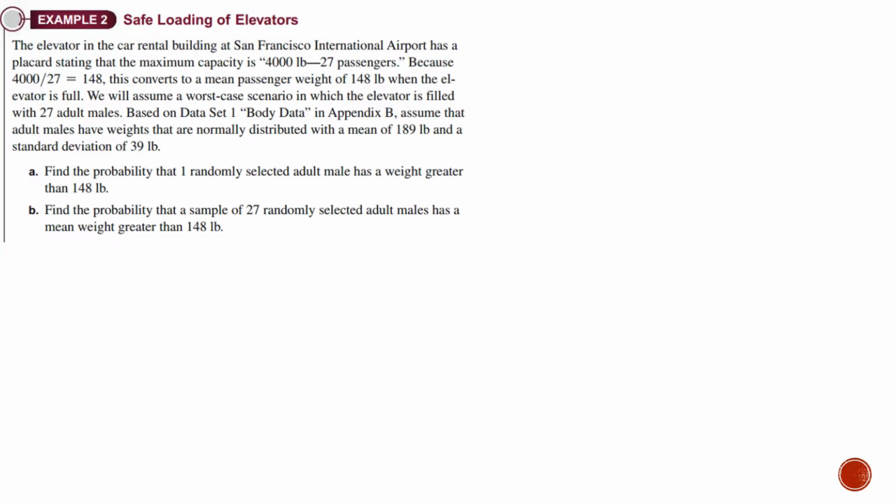If 27 passengers weigh less than 4,000 pounds, divide 4,000 by 27, you get 148 pounds. Is everyone following me so far? So if you have 27 people on there, if your mean weight is under 148, you're under 4,000, which is cool. If your mean weight is above it, you would have above 4,000.